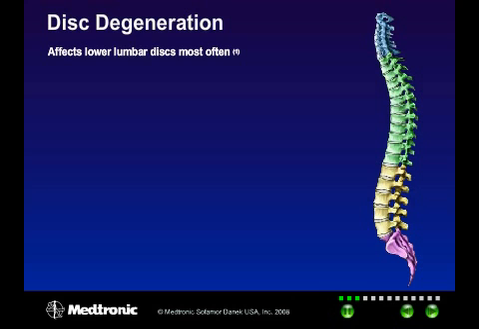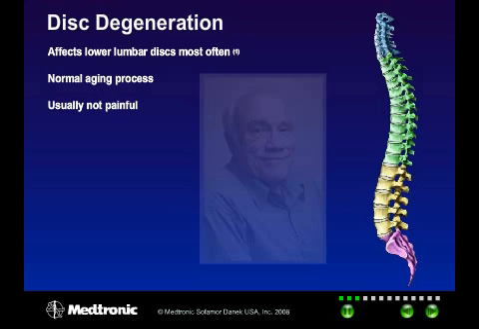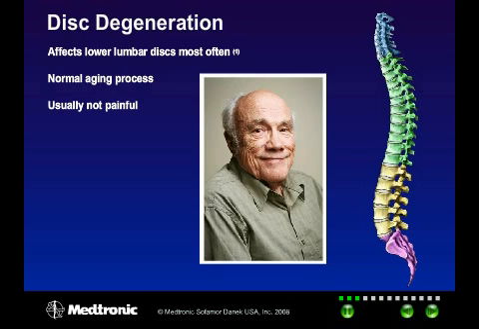Disc degeneration affects the lower lumbar discs most often. Most disc degeneration is part of the normal aging process, and in most people, it is not painful. Just as with graying hair, balding, wrinkles, and other physical signs of aging, the age at which degeneration starts, how quickly it progresses, and its severity differs among individuals.